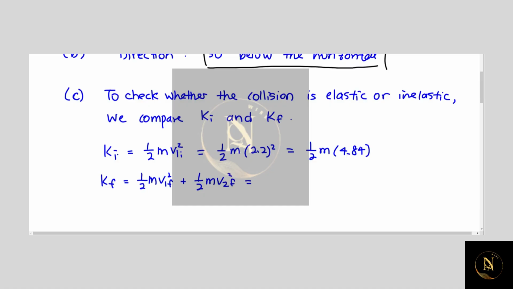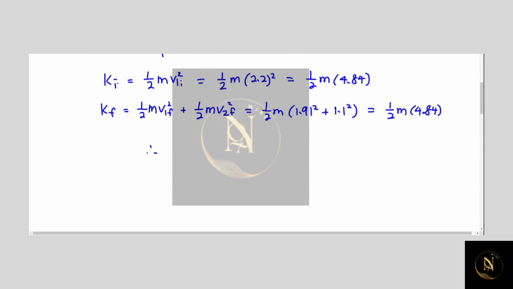So we have half m times 1.91 squared plus 1.1 squared, and you get half times m times 4.84. So the kinetic energy before and after the collision is the same, so the collision is elastic. This is the answer for part C, and that's all for this question.